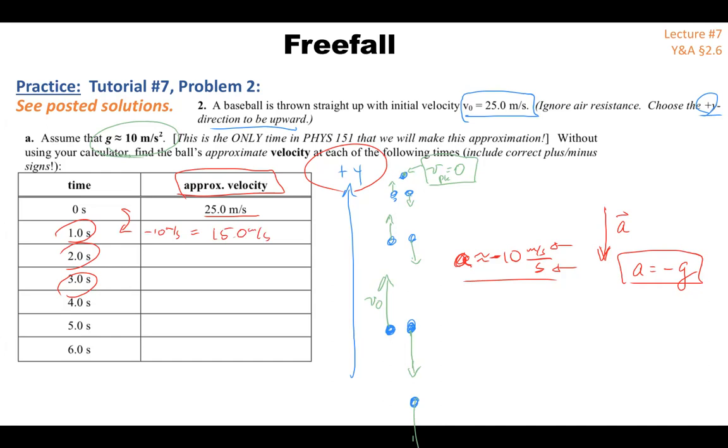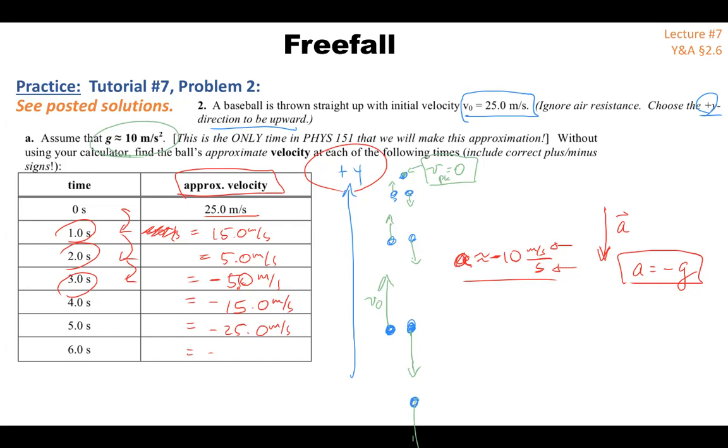If we subtract another 10 meters per second, that would be equal to 5. And do it again, and it's negative 5. Notice I can go right past 0, and there's no problem with that at all, right?